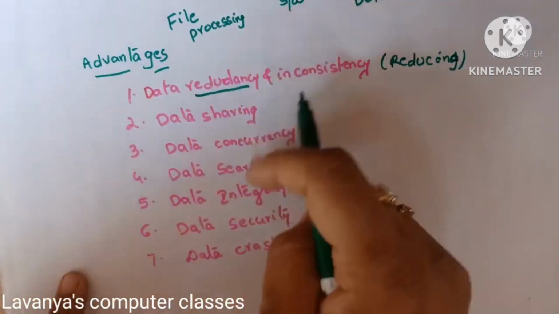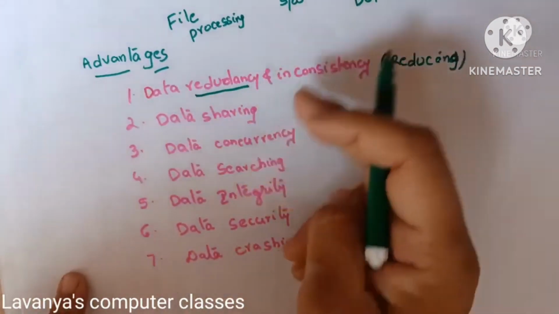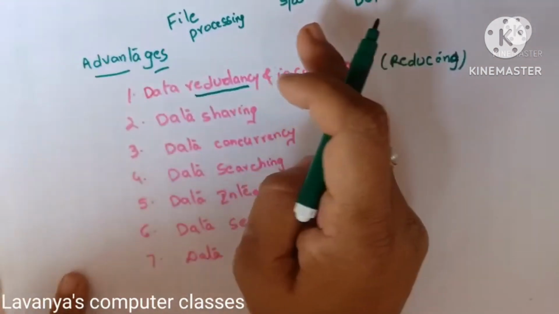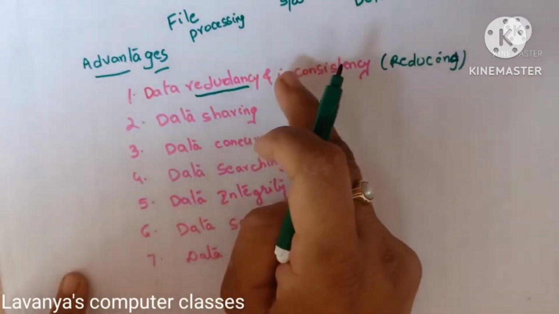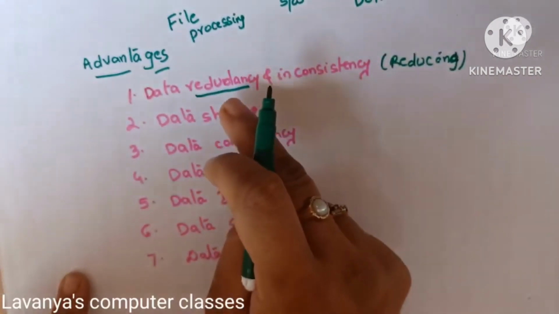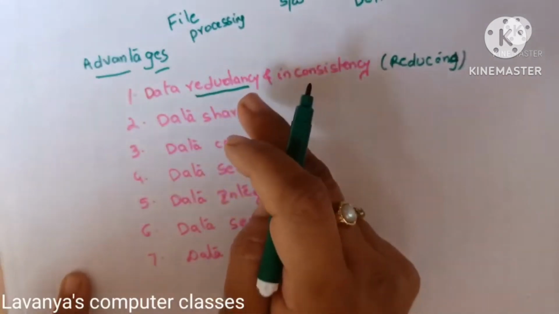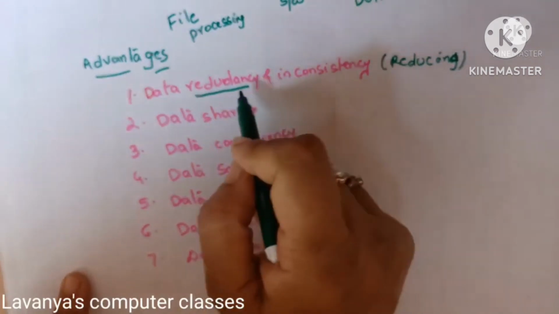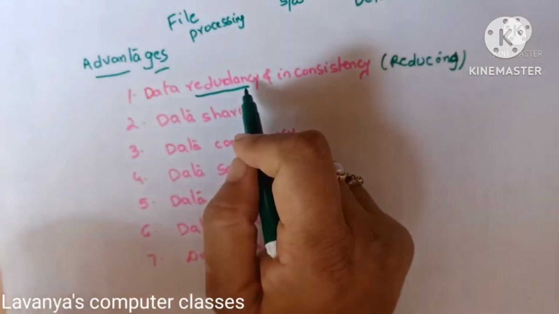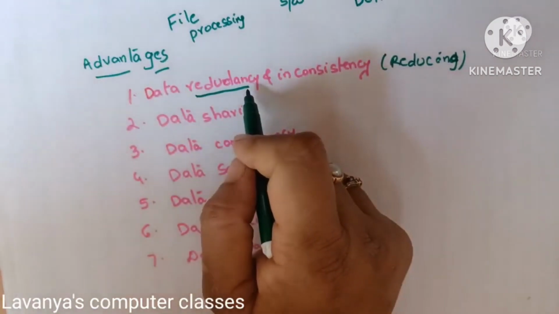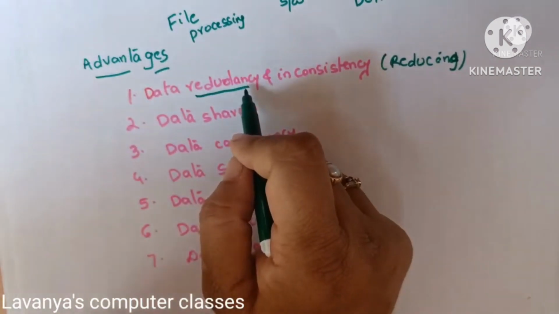So a number of people maintain their own systems because there is no sharing. One file is not related to another file. There is no sharing, so each and every file maintains its own data. Whenever the files maintain their own data, data is repeated. Whenever the data is repeated, the number of copies is more. That is called data redundancy.